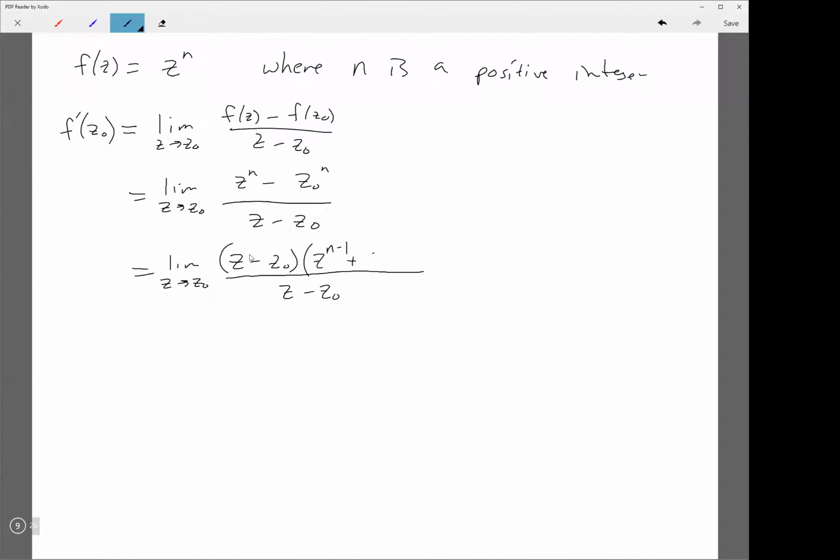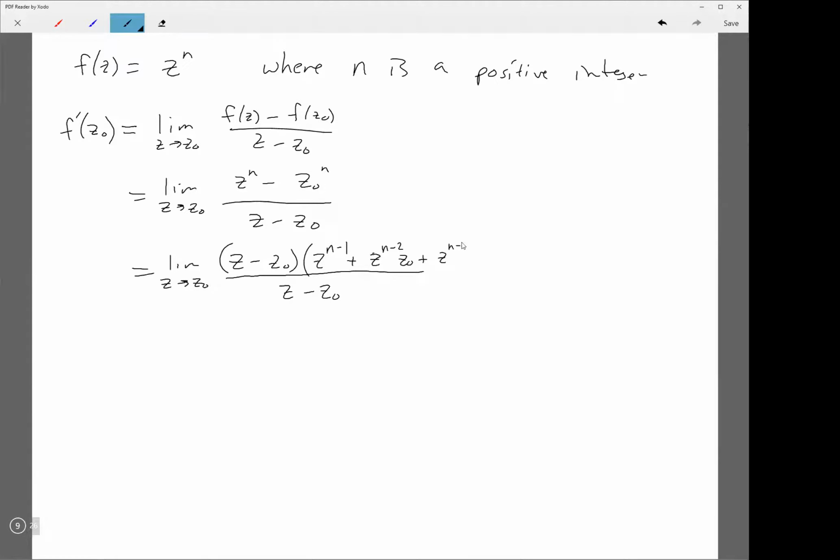So if you multiply this with this, you're going to get z to the n, right? So z to the n minus 1 times z is z to the n. But it turns out that if you add z to the n minus 2 times z naught, then when you multiply this with this, this times this is going to be the negative of this times this. That's just going to cancel out.